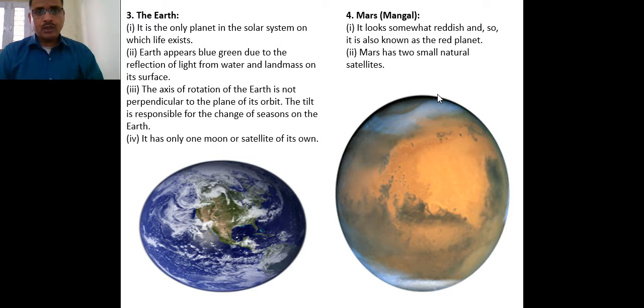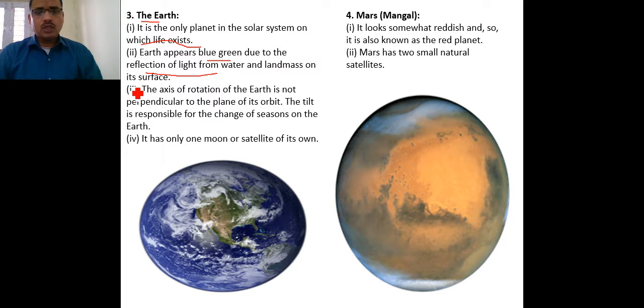And the third planet is known as Earth. Earth is the only planet in the solar system where life exists. Everybody knows we are living on the Earth. Second, Earth appears blue green due to the reflection of light from water and land mass on its surface.